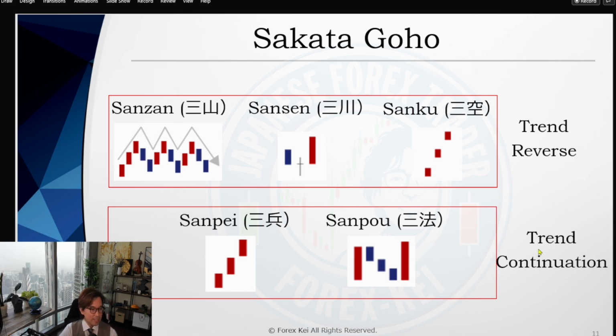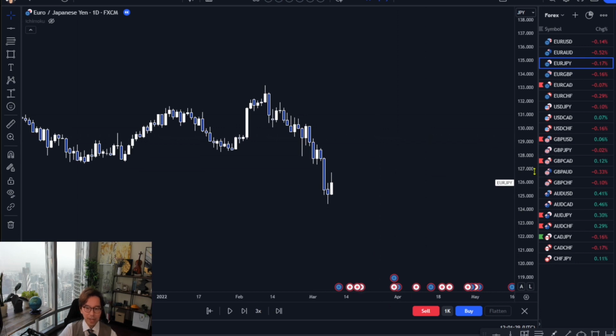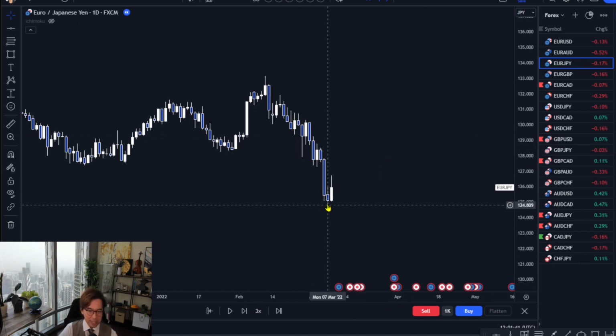So as I move the candles one by one today on one of these markets in Forex, whenever I see these patterns, I will pause and mention so that you can also check and see exactly how they appear on the live market. So here is the Euro JPY, and let's start from the candlestick from here.